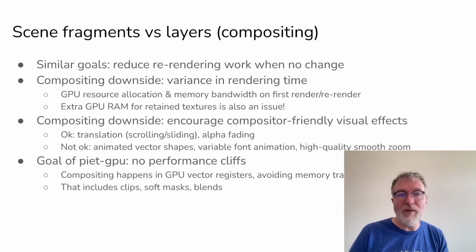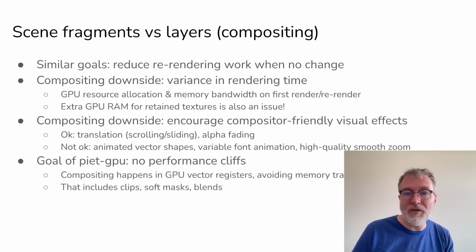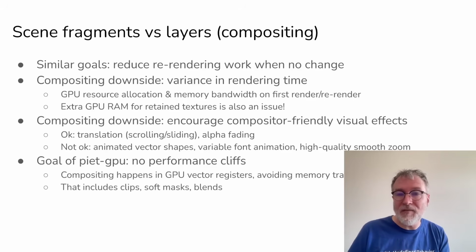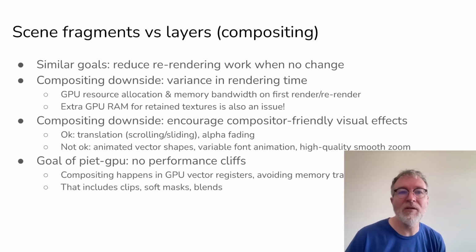One of the problems with compositing is that you have this variance in rendering time. When you do update something on the first render, you have the expense of rendering into that texture, and you also have to allocate the texture. It's kind of a bump in the workload.